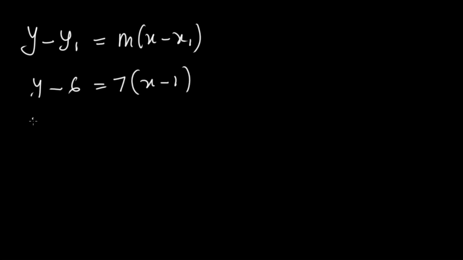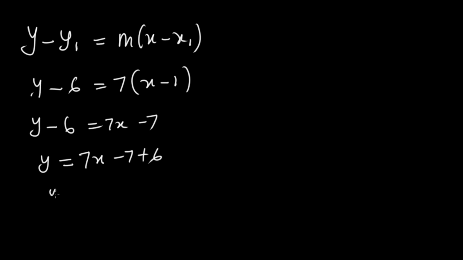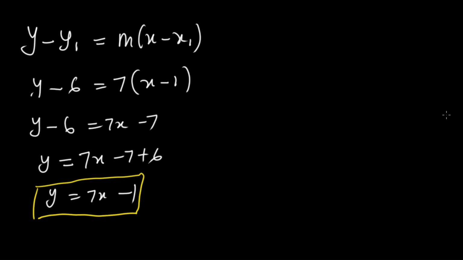So I'm going to have y minus 6 equal to 7x minus 7, and this is simply y equal to 7x minus 7 plus 6. So this is y equal to 7x minus 1, and here I have the equation of the tangent to the curve.